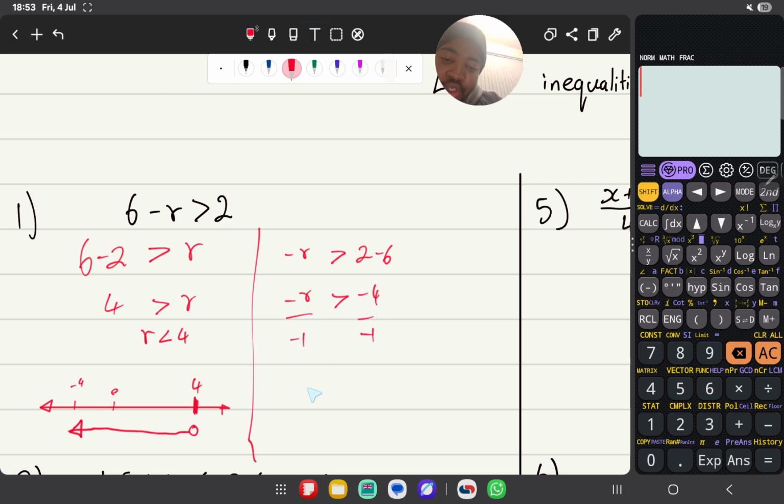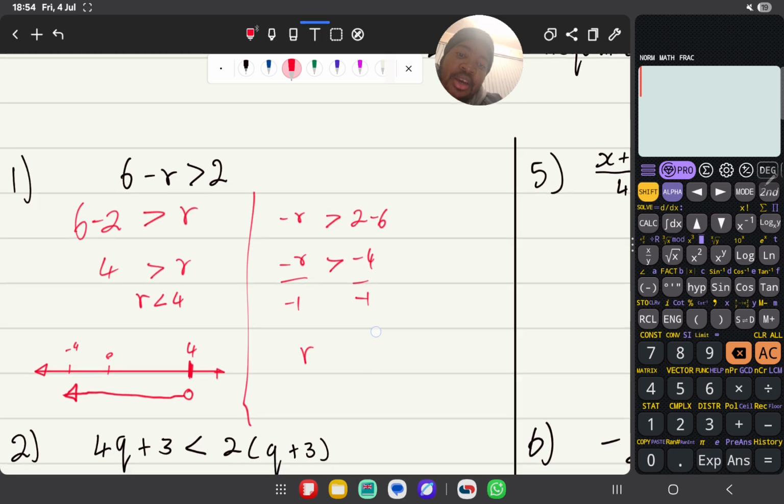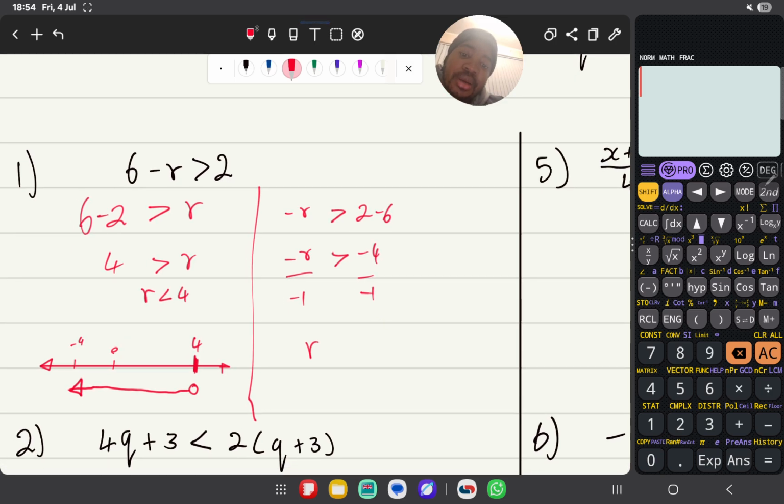What I wanted to illustrate here is this: when you divide or multiply by a negative sign, your inequality sign changes. You see here where we are facing 4 minus 4, now it's going to be this way. It changes the moment you multiply or divide by a negative value. Then you still have your 4, which is the same answer we got here.